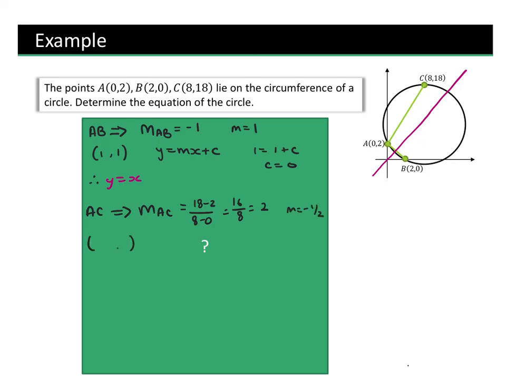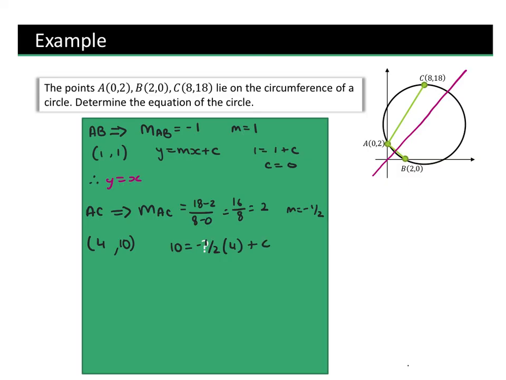We now need to find the midpoint. Between 8 and 0 is 4. Between 2 and 18 is 10. So we have (4, 10) as our point, and we have the gradient is -1/2. So we're going to have y minus 10 equals m, -1/2, times x minus 4, plus c.